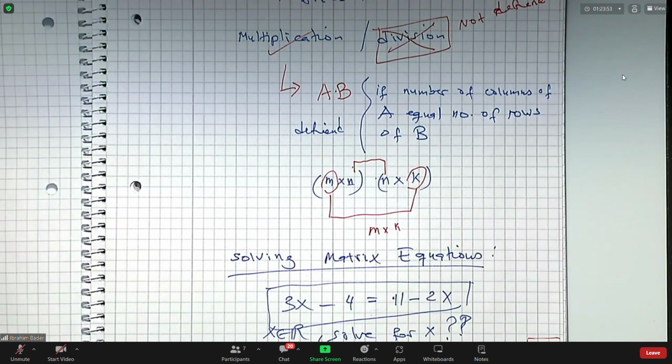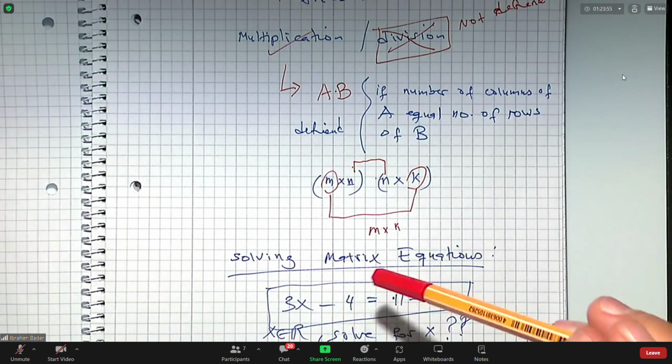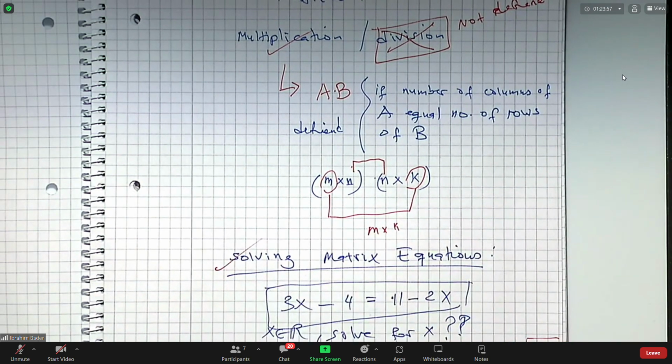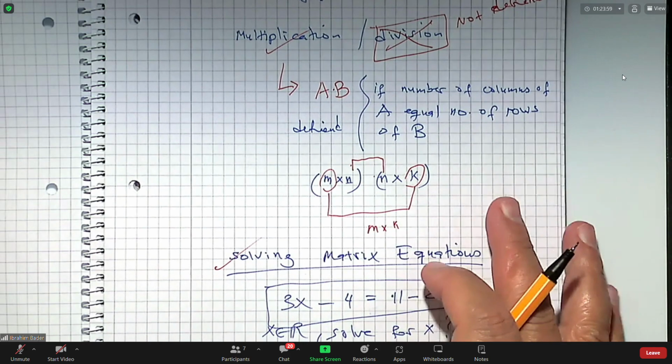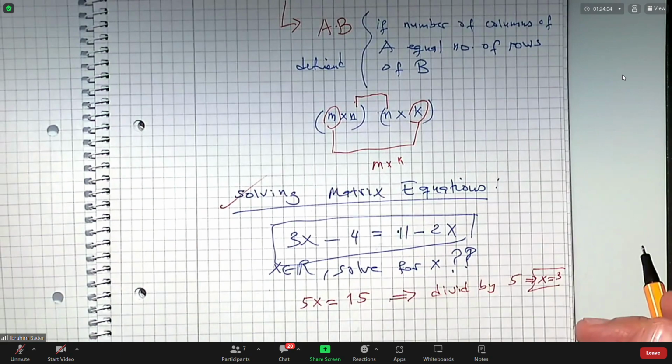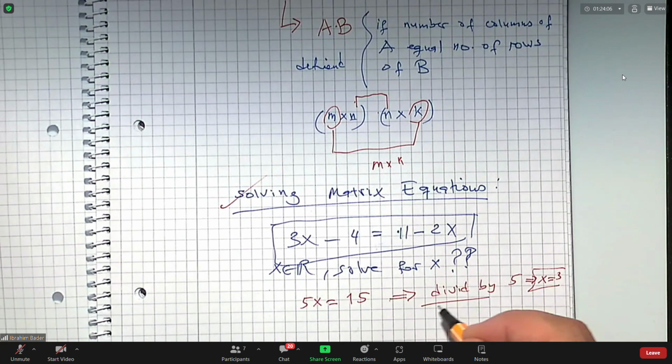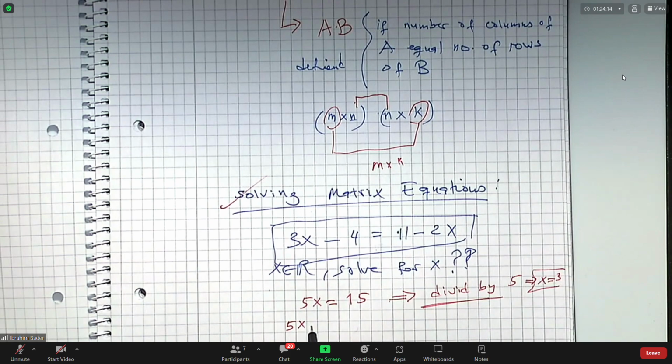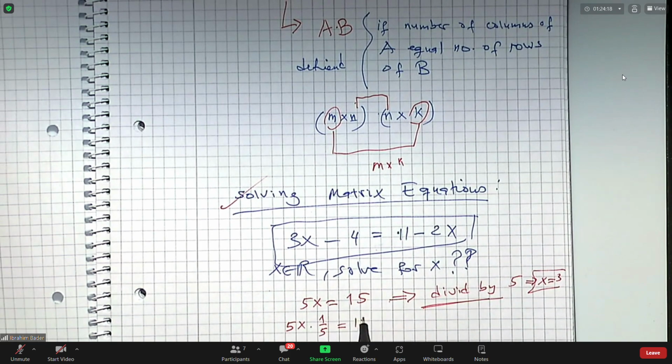Okay. Now if we work with a matrix equation, we don't have division defined there, right? Division is not defined. How to do? Here, instead of dividing by 5, we can multiply by 1 over 5. Okay, so here 5x multiplied by 1 over 5 is equal to 15 multiplied by 1 over 5.